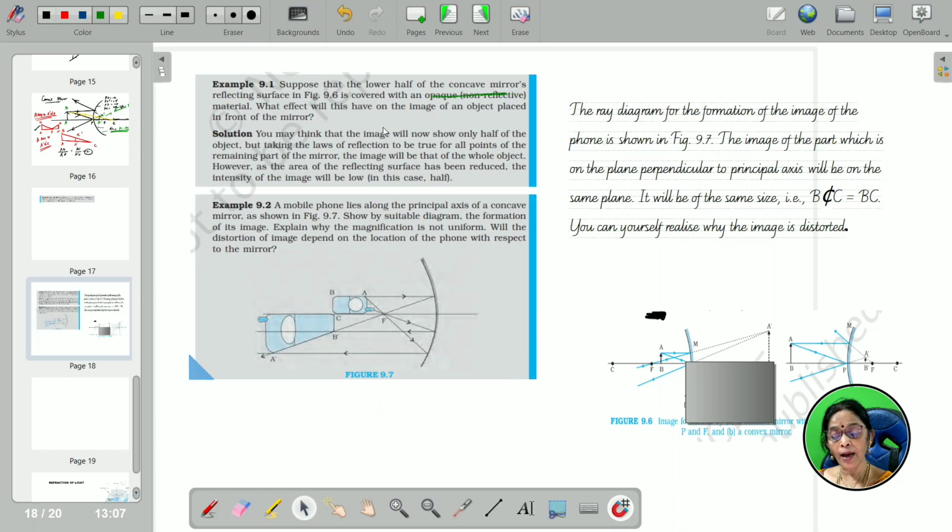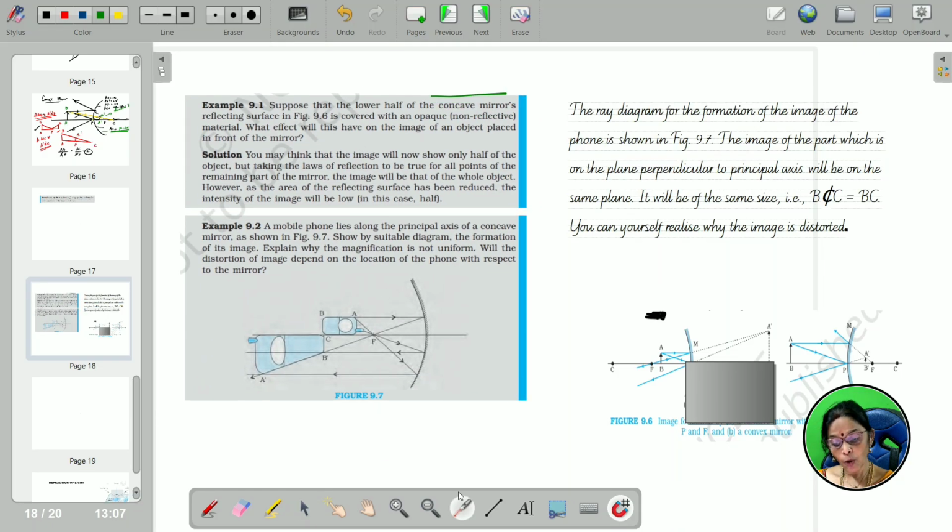What effect will this have on the image of an object placed in front of the mirror? Will you get the image or not? Even though the lower part is covered, our question is whether you will get an image.